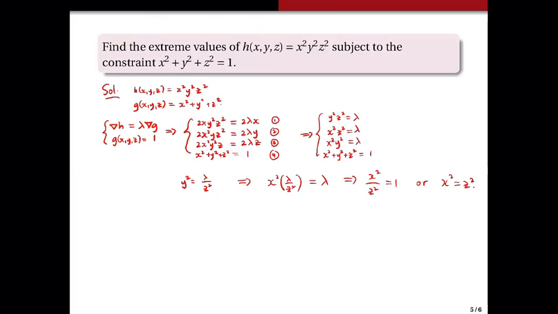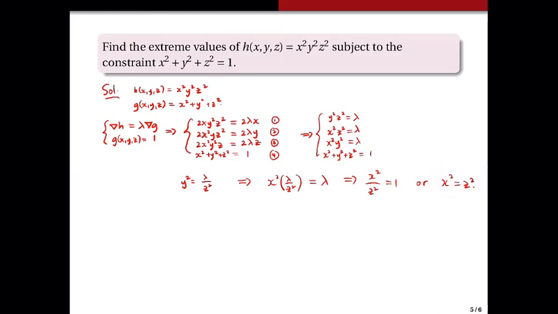We can use this equation and substitute it, and we will get something in terms of y and z. So we have x squared equals z squared.